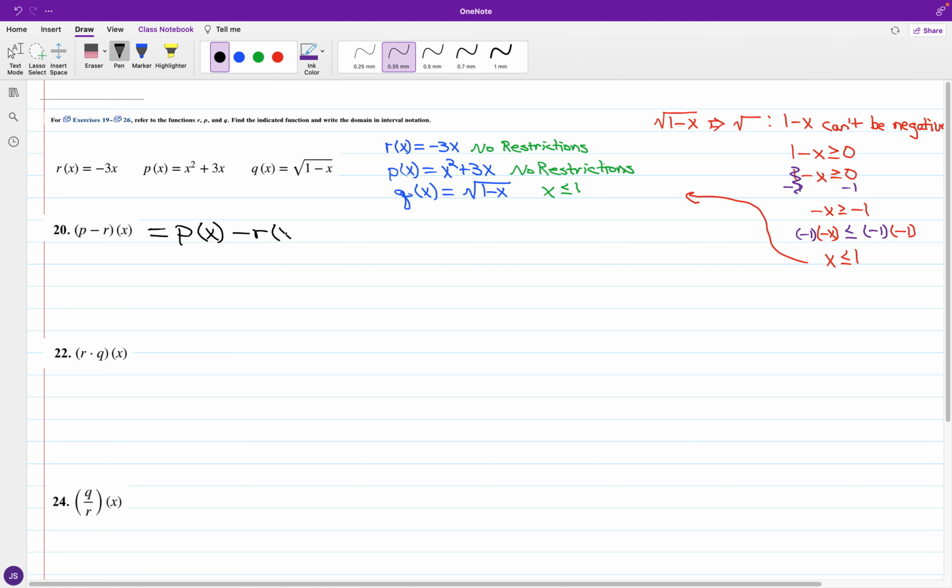So with p of x minus r of x, again we have p of x, x squared plus 3x, and we have minus r of x, so we are subtracting negative 3x.